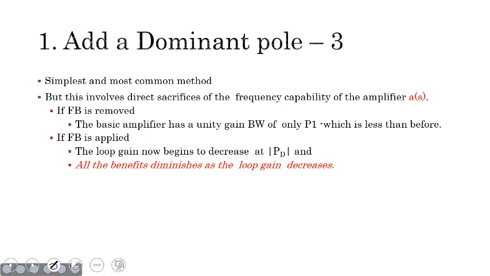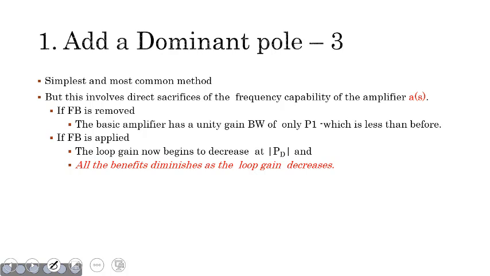The add dominant pole method is the simplest method, but it involves a direct sacrifice of the frequency capability of the open loop transfer function. That is, if we remove the feedback, the basic amplifier, which is nothing but our open loop transfer function, will have a unity gain bandwidth of only omega p1, right?